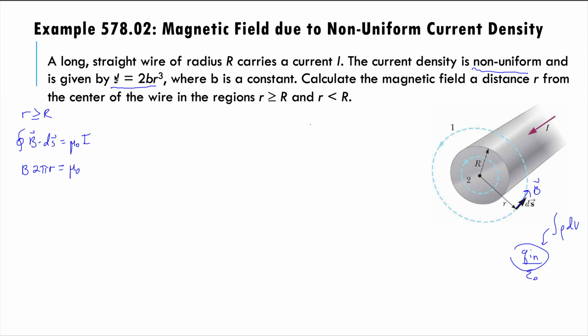Well, when the current density is not uniform, to find a current, we do the integral of the current density dot dA. And I did introduce this equation in video 541. We didn't do any examples using it, but that's because I knew we were going to use it at this point. So the current density is not uniform. It integrates J dot dA to find the current.